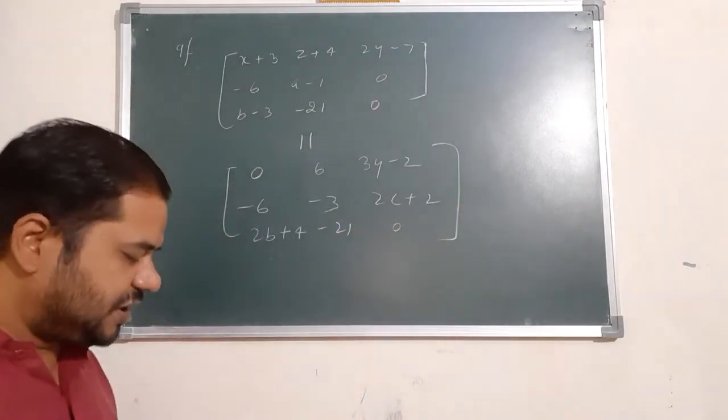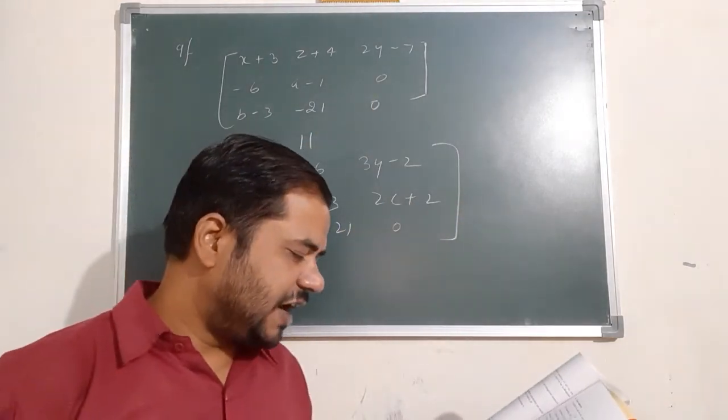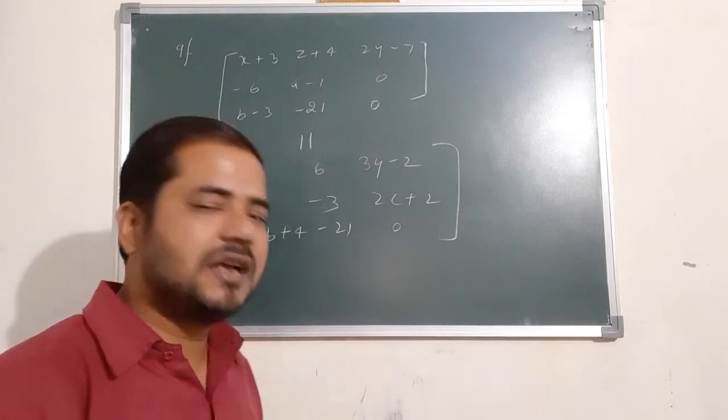If they are equal, then find the values of a, b, c and x, y, z.